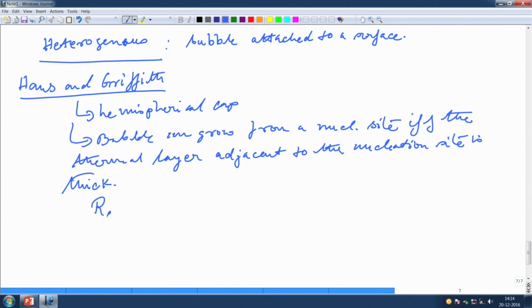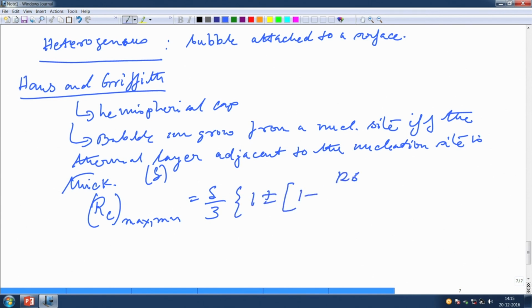So, they found that RC max comma RC mean is basically given by delta by 3, where, as we will show, delta is the thickness of the thermal layer. So, that is delta, times 1 plus minus square root of 1 minus 12 sigma T sat divided by rho v HLV (TW minus T sat) times delta, raised to the power of half.